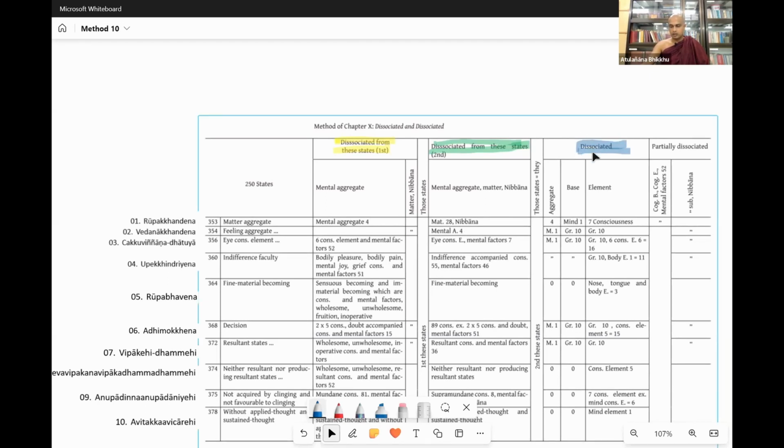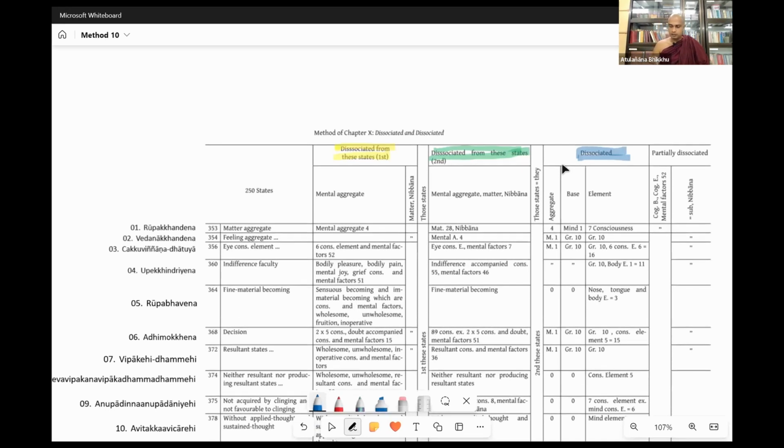Those states, using how many aggregates, how many bases, and how many elements are those states disassociated? So we have the disassociation of these dhammas, the 28 matter and Nibbana, which is 4 mental aggregates, the mind base, manayatana, and the 7 consciousness elements as well.